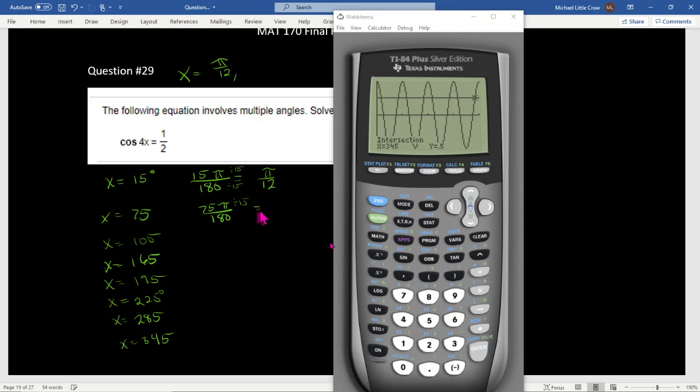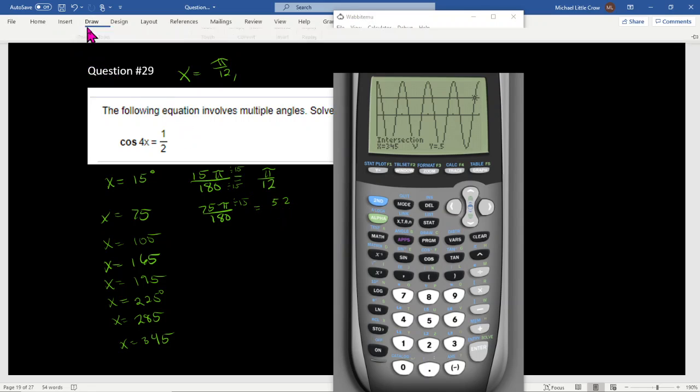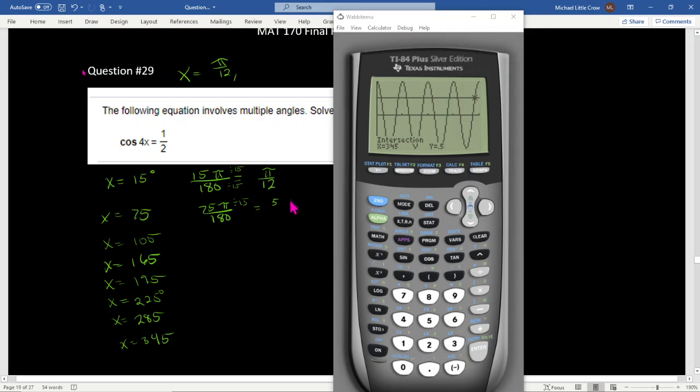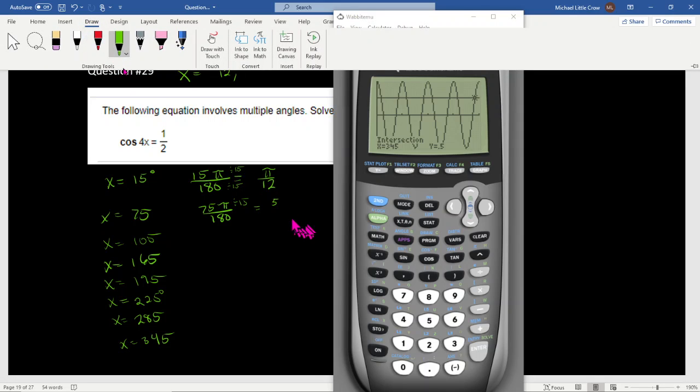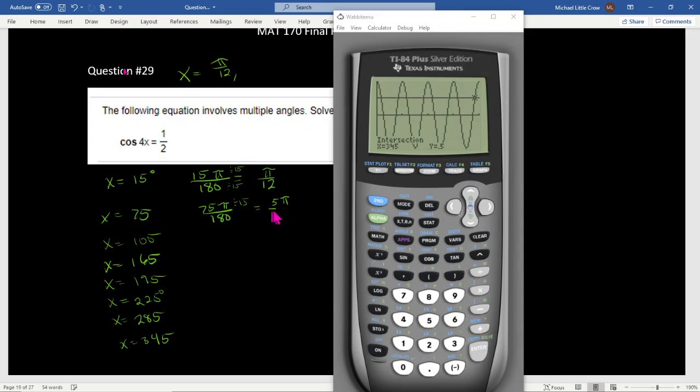So the top becomes 5 pi, and then 180 divided by 15 is going to be 12. So you'll see, I think, you're probably all going to be pi over some kind of 12. But let's see how that works out.